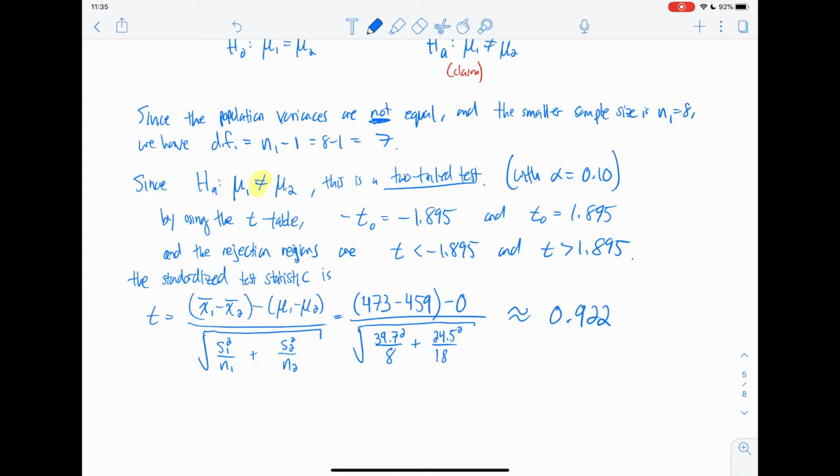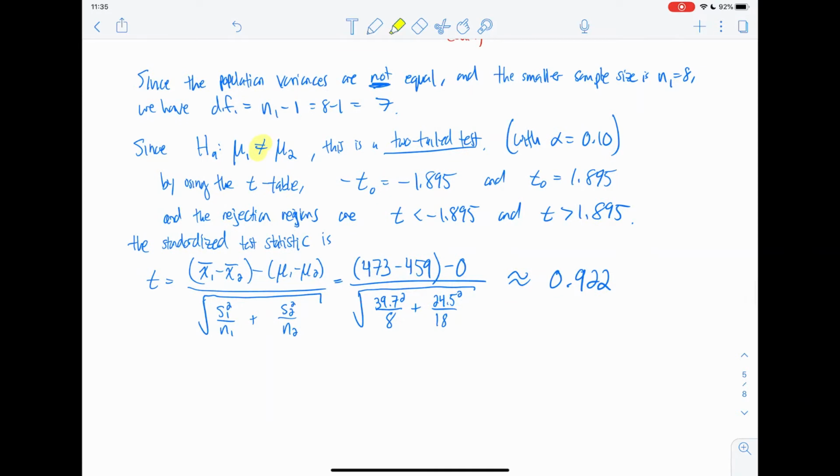0.922. And so now the question is, how does this standardized test statistic compare with the rejection regions? And we see that this lies comfortably out of the rejection regions.